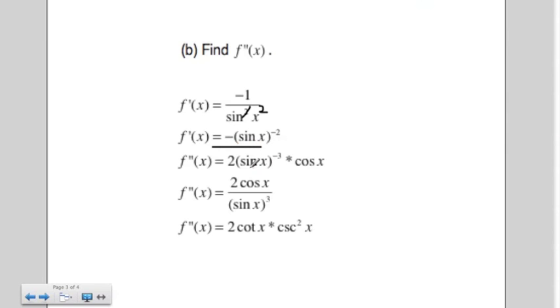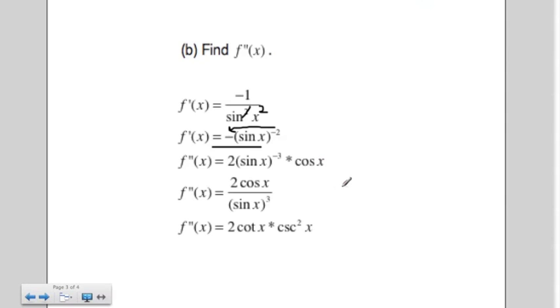So the first thing you do is take the exponent and multiply it in front. So this 2 multiplies down, and the -2 multiplies by the negative sign, you get +2. And then you subtract 1 from the exponent. So it's -2, you fill in the bracket as the same, subtract 1 from the exponent, you get -3. And then you multiply that by the derivative of the inside, and as we've been learning, the derivative of sine x is cos x.